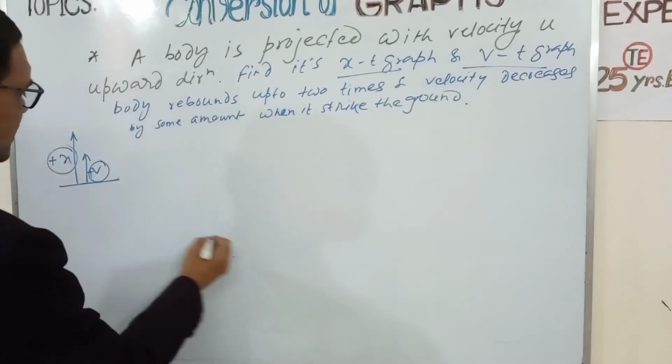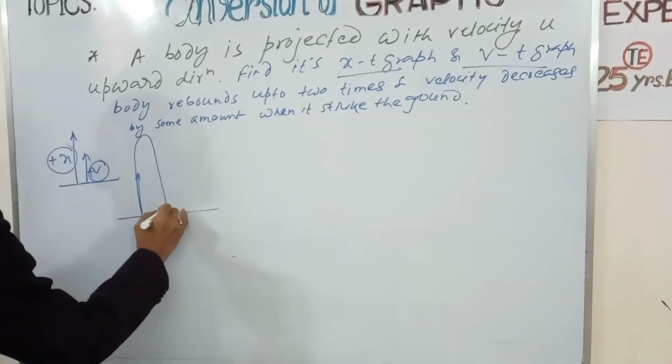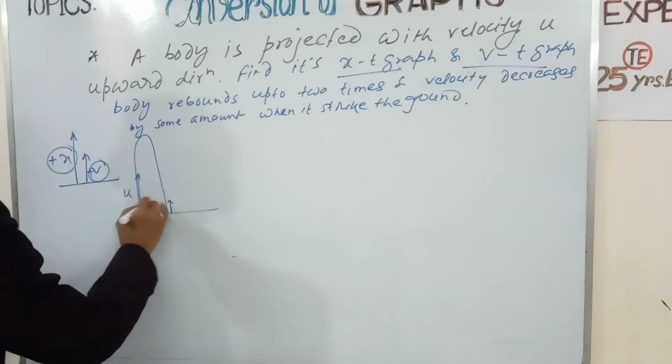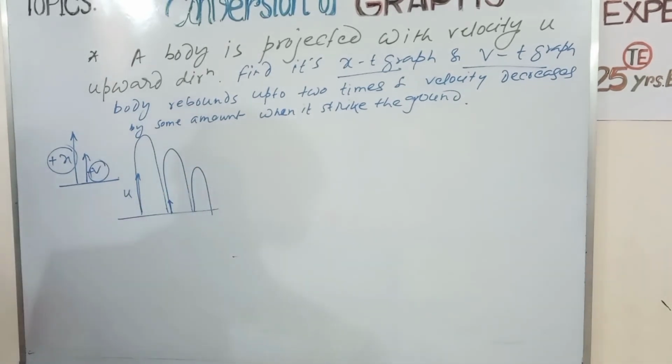That is, a body is projected upwards, and when it strikes the ground the velocity decreases. Now we have to draw its xt graph and vt graph.